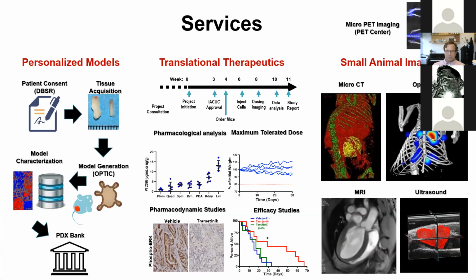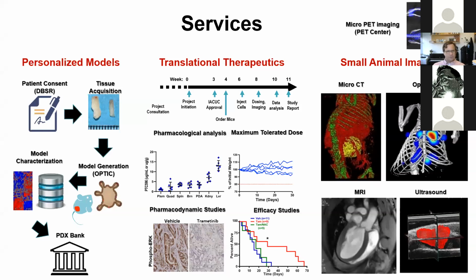And these can be mixed and matched. So sometimes a translational study will have an imaging component or will make use of a personalized model. The idea is that they're all supposed to be self-reinforcing. I'm going to give some vignettes today about the personalized models approach and about the small animal imaging.